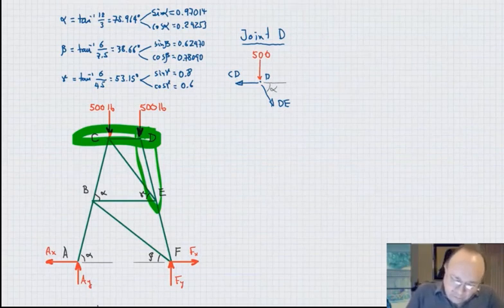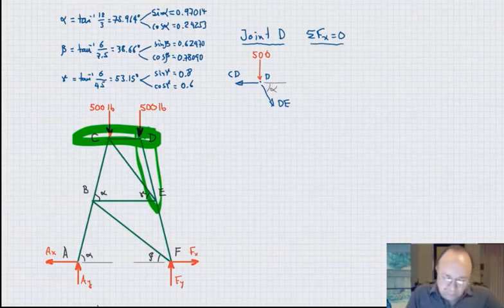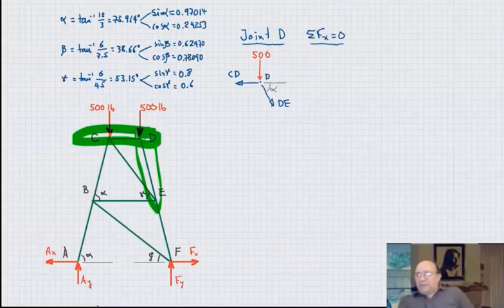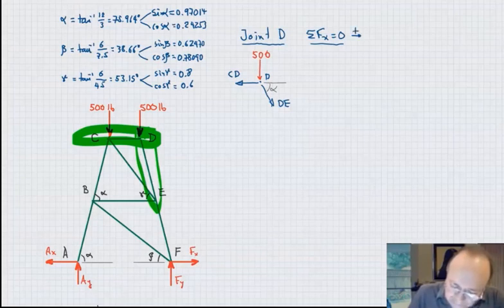Okay, so summation of forces in the x direction equals 0. I can use positive in any direction, to the right, to the left, I don't care. I'm going to use positive to the right here, so nobody gets confused.